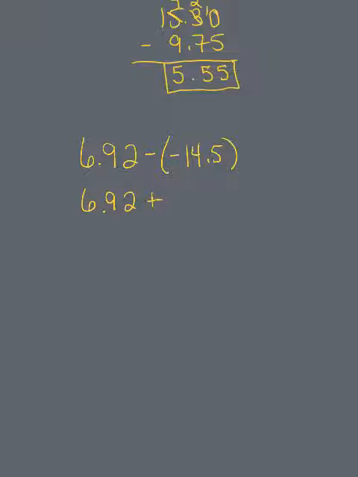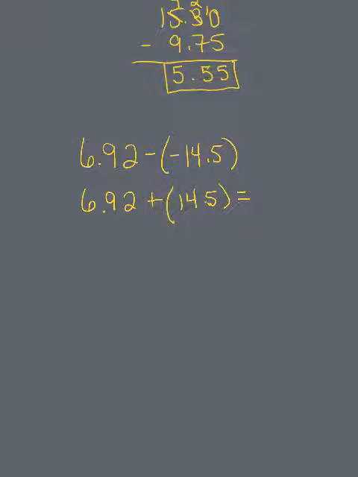So if part of my problem was negative, I'm going to find the inverse is positive. So instead of subtracting a negative 14.5, I'm going to be adding a positive 14.5. So now I can use my adding rules, same signs, add and keep.